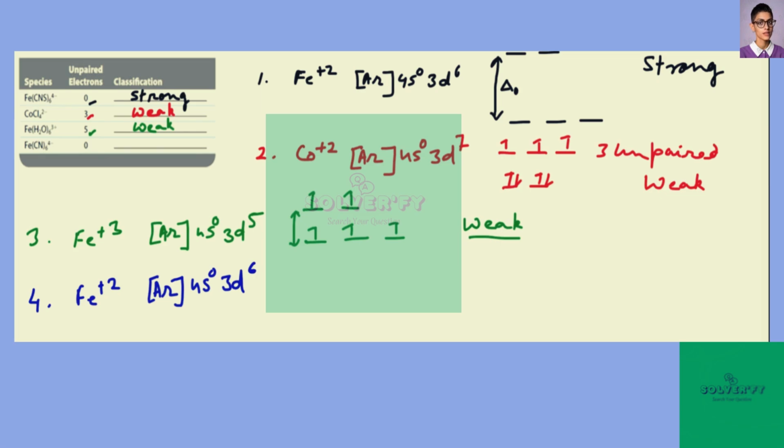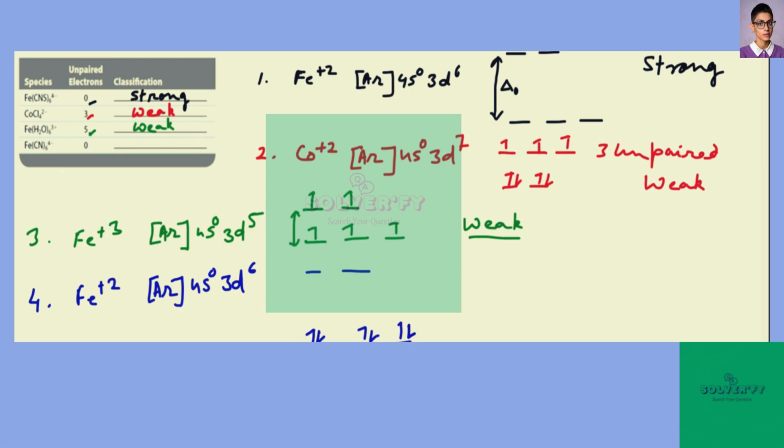And 0 unpaired electrons is indicating very clearly that the splitting is more. That means the difference between the lower energy level and the upper energy d orbitals should be more. When this is the case, electrons are first filled in the lower orbitals singly, and then only pairing takes place, and no electron is going up.